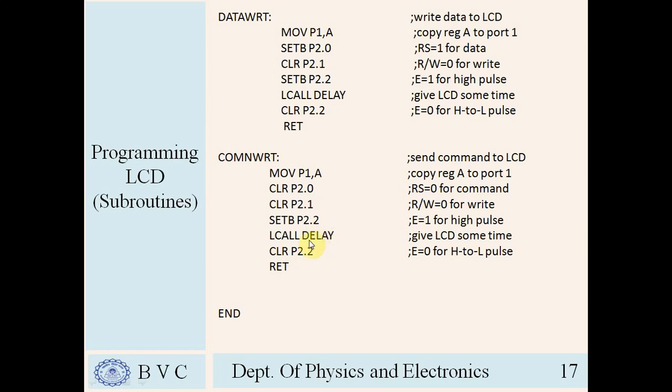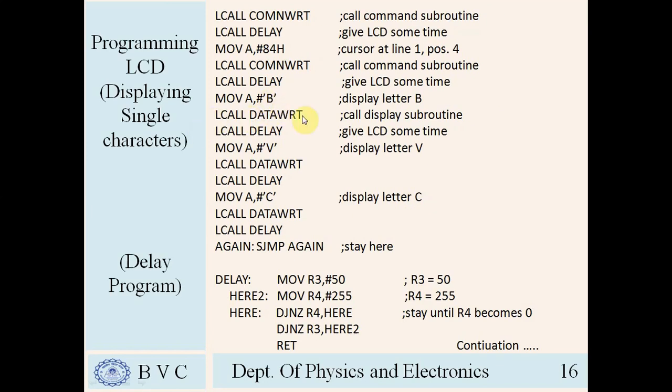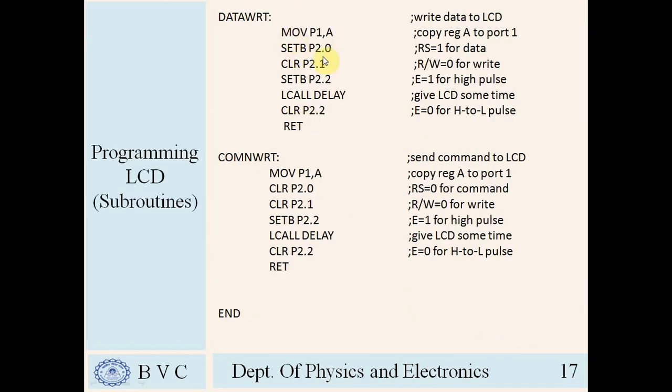Then coming to the next one: if you are giving some character, like B, V, C, which is data, B is the first character which you want to display. After giving the data, you have to call a subroutine called data write. So what is there in this data write? Data write is a subroutine in which the first step is that the register select pin should be made equal to 1.